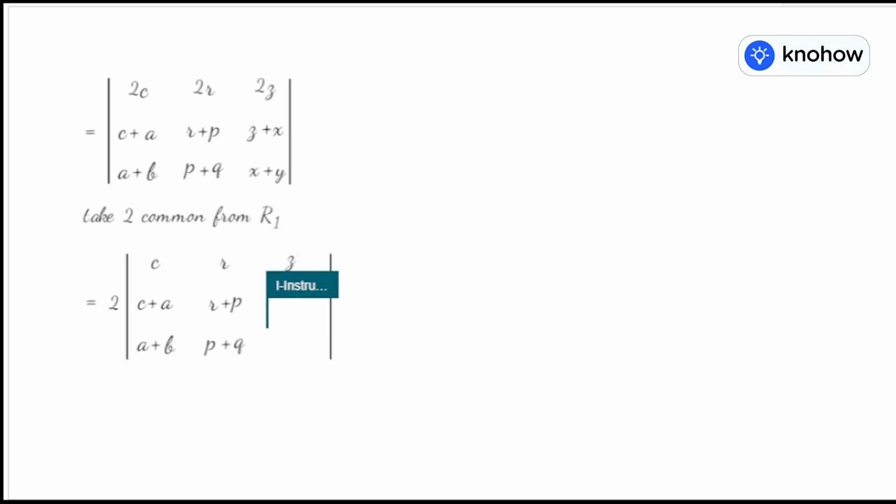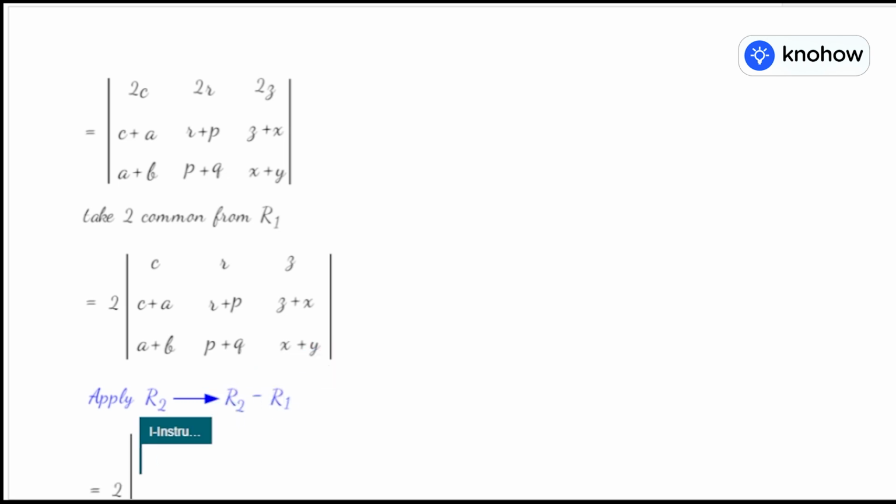Now it is simple. If from the elements of row 2 you subtract that of row 1, you will be left with A, P, X. So now we replace R2 by R2 minus R1, that is, subtract the elements of row 1 from row 2. You get 2 times C, R, Z, the elements of the first row as such.